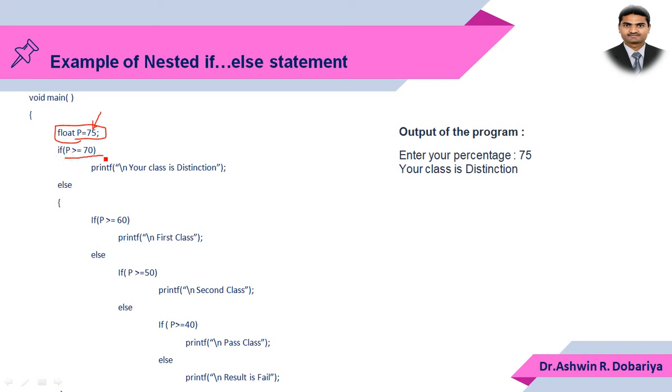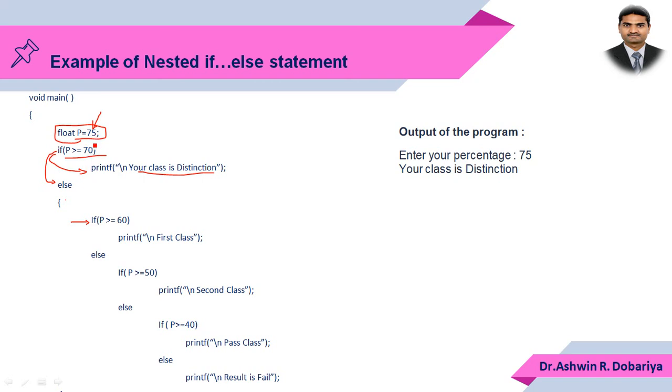If percentage is greater than 70, and this condition becomes true, then it will evaluate the next statement, like your class is distinction. But suppose the percentage is not greater than 70, then the control will jump to the else part, and inside the else it will check another condition.